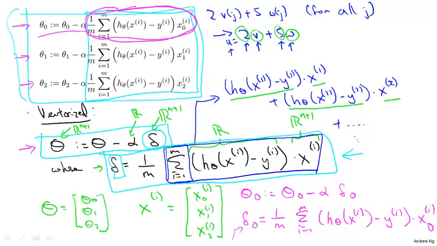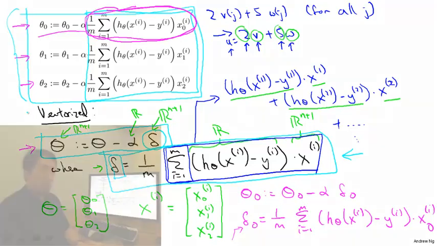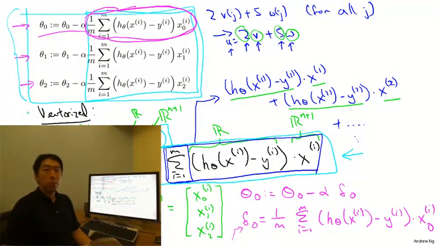When you go and implement linear regression, I definitely encourage you to use a language that has a linear algebra library, and this obviously includes MATLAB, Octave, and Python with NumPy. Or if you use Java, C, or C++, definitely find a linear algebra library and use that.